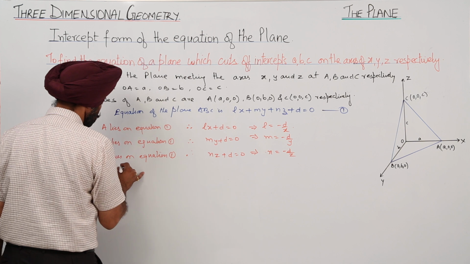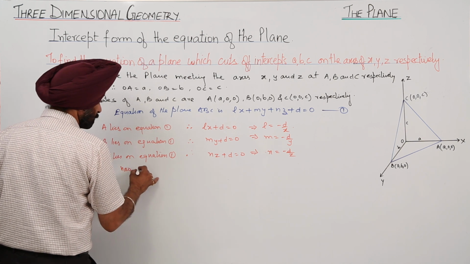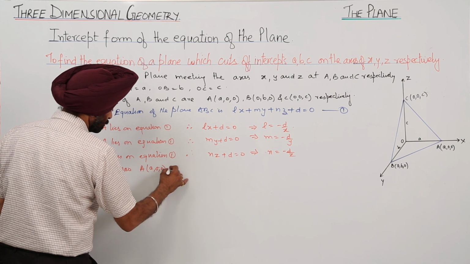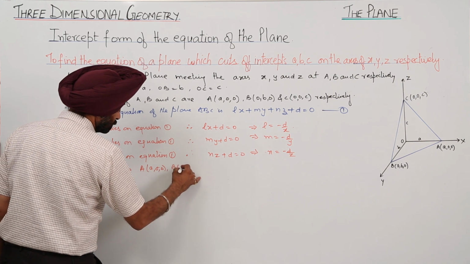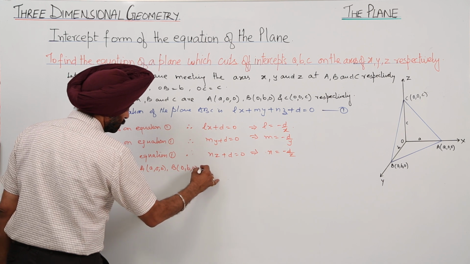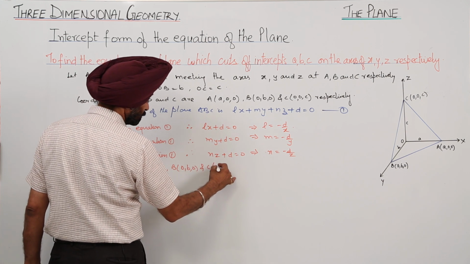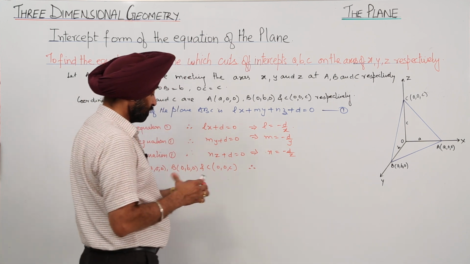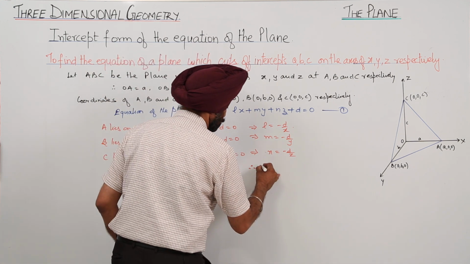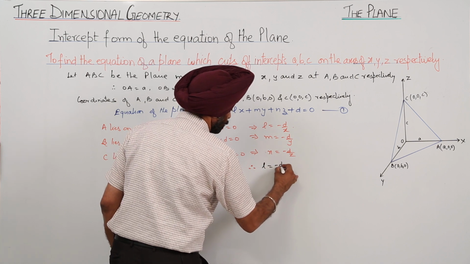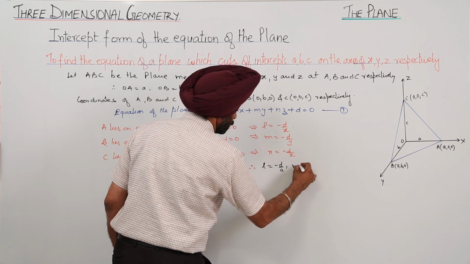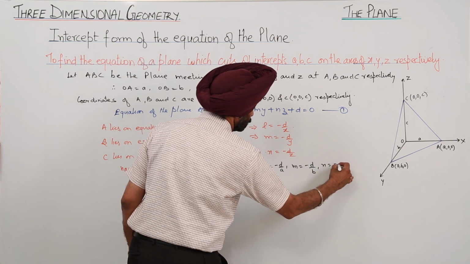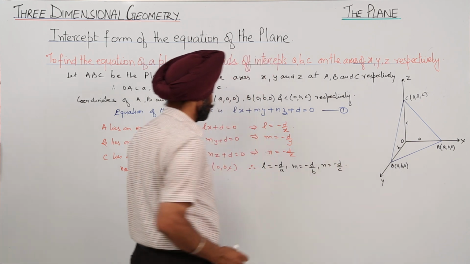Now, A is (a, 0, 0), B is (0, b, 0) and C is (0, 0, c). Therefore, L is equal to minus D upon a, M is equal to minus D upon b and N is equal to minus D upon c.